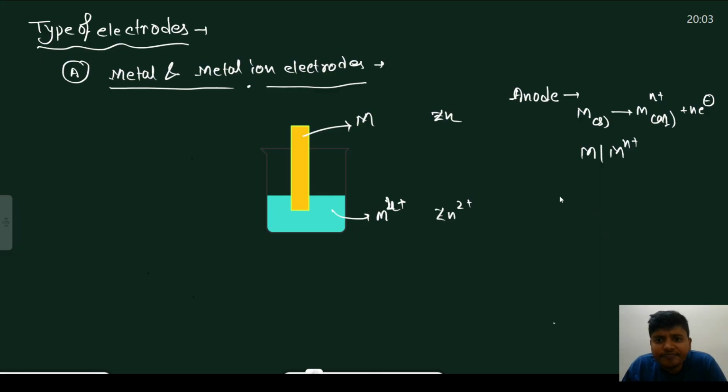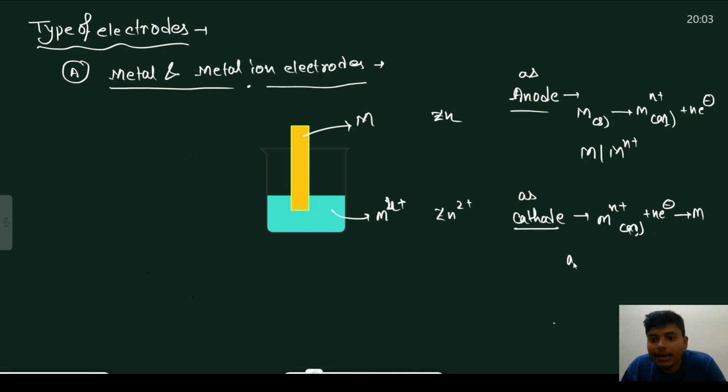And if you use it as cathode, there will be reduction. Metal n plus aqueous will get electrons and become metal. How to represent it? With the salt bridge, metal n plus and metal. Clear? This thing understood?